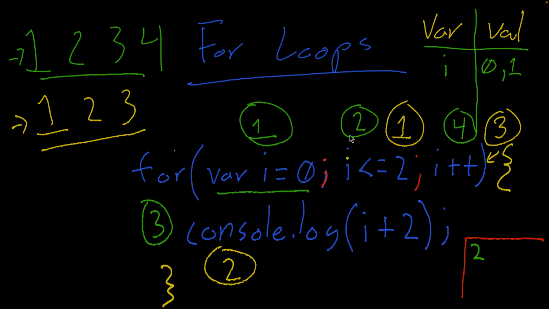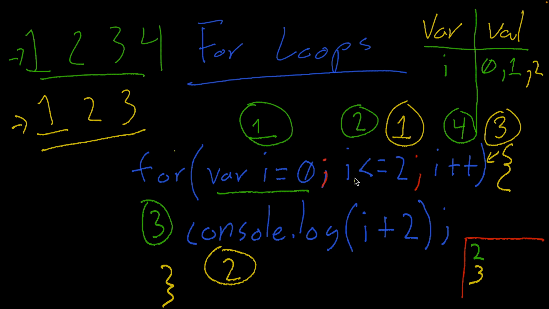So step 1 is, we check here, is I less than or equal to 2? Yes. Okay, so then we enter. Console log I plus 2, what's that? It's 3. Okay, so we have 3. And then we go here, we increase I again. Increase I to 2. All right, and then we go back to step 1.